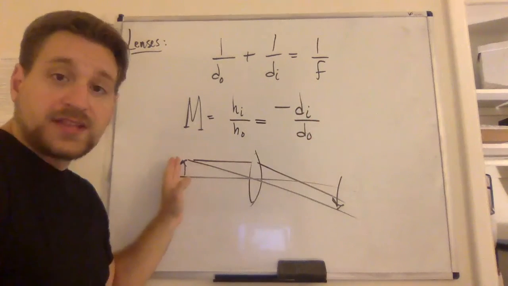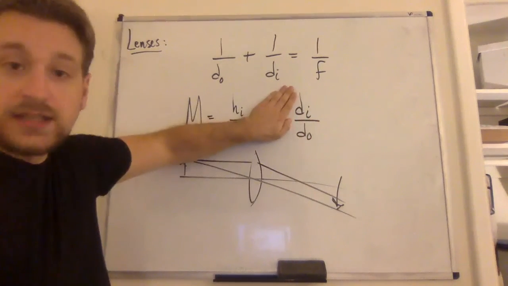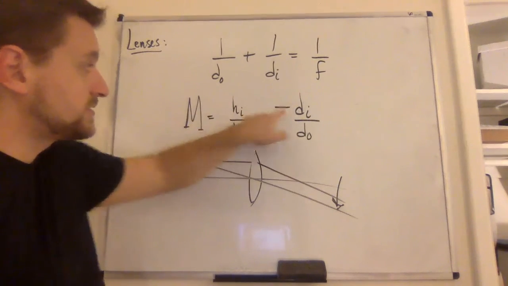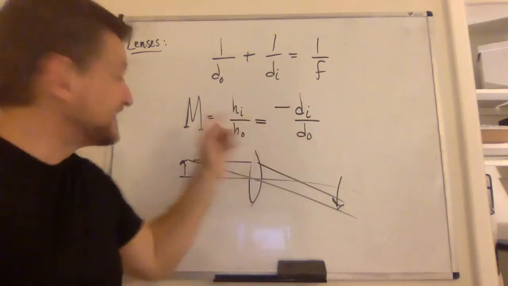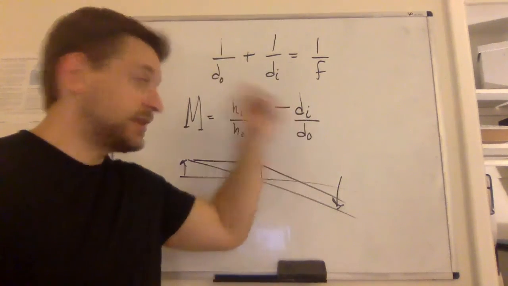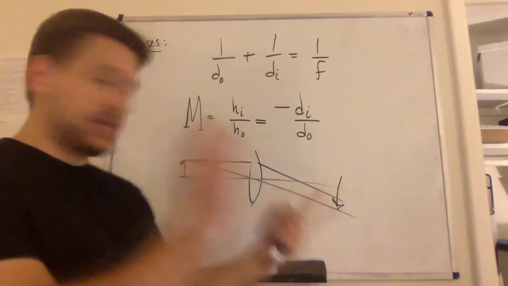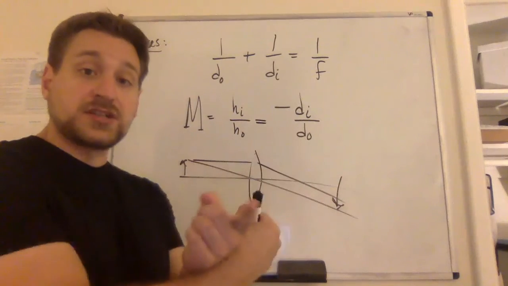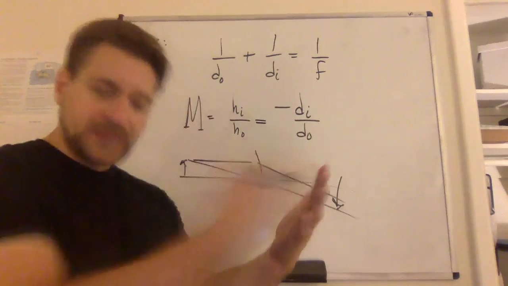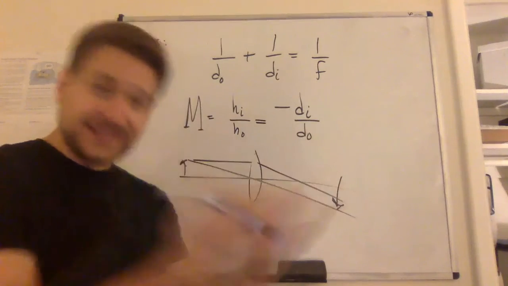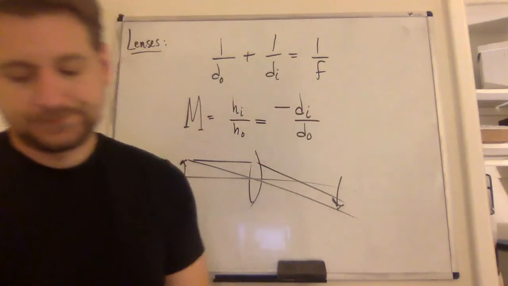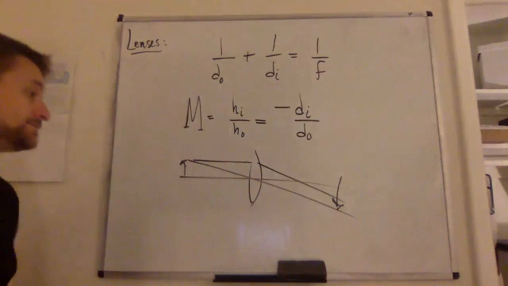DO is assumed positive, so this quantity is positive. In order to make it negative so that it lines up with this, we have to include the minus sign. The same conclusion works for mirrors, and the same minus sign applies. We just had to reverse the convention, like I said, because we're talking about the reflective side of the mirror as opposed to the transmission side of the lens.